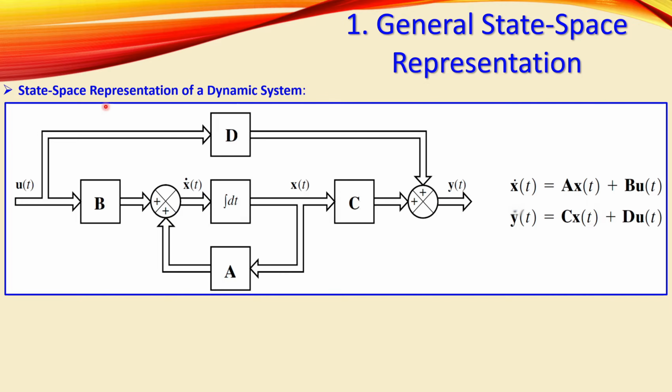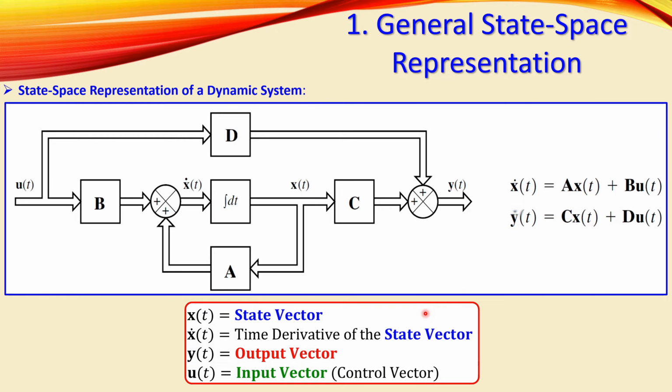Now, this all together can be represented in this state space expression, where we have the x dot. Dot means a time derivative, so one dot means a first time derivative, and two dots mean the second time derivative. In a similar way, we have this for the y. Now, this is the state vector, and x dot is the time derivative of that state vector.